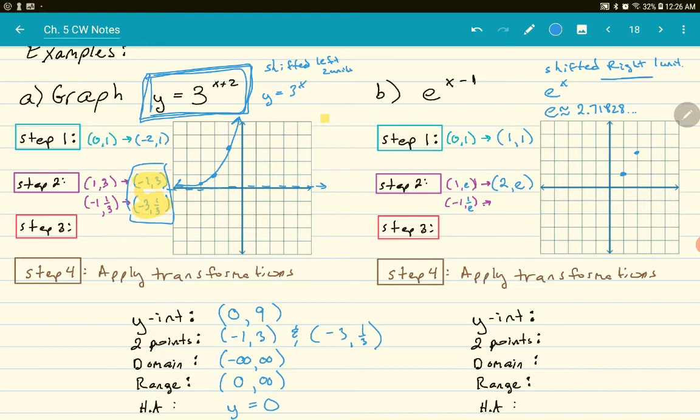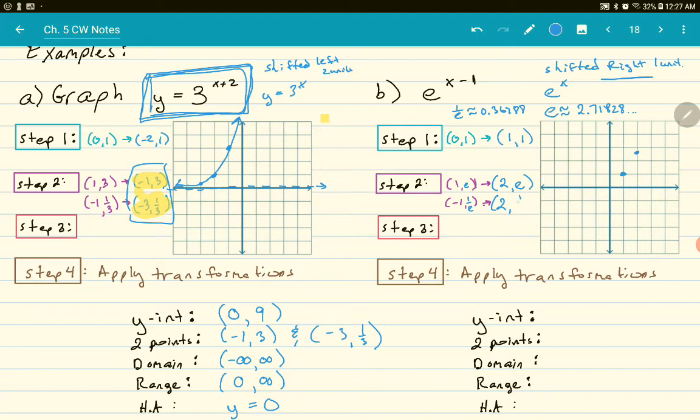And the 1 over e, if I take the reciprocal of that, if I get my calculator and do 1 divided by e, then I get approximately 0.36788. So about 1/3.